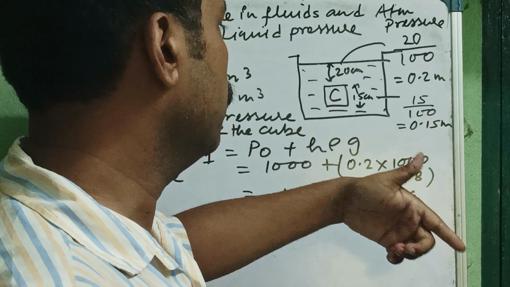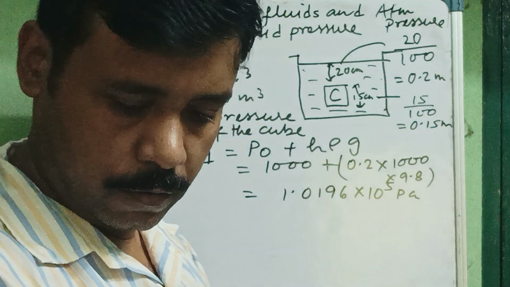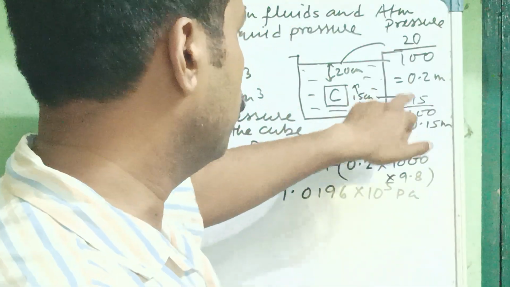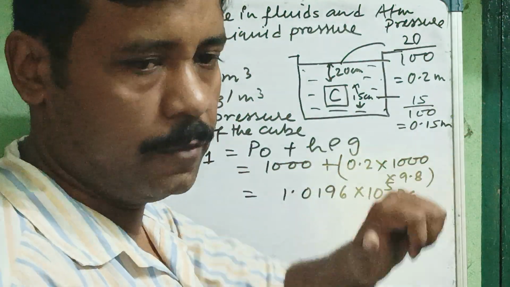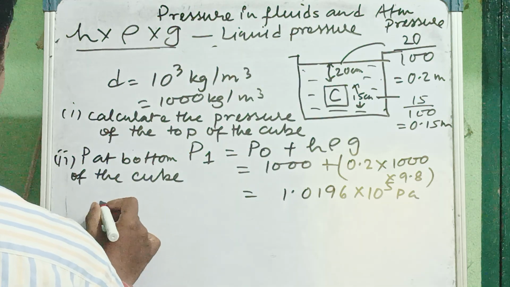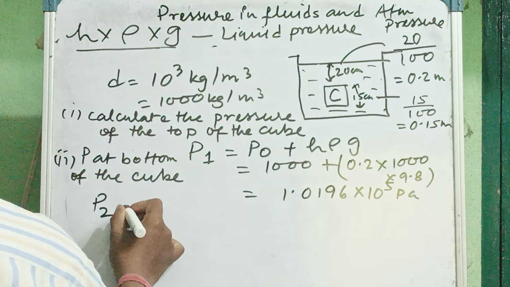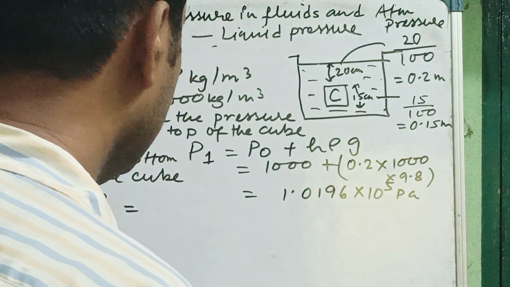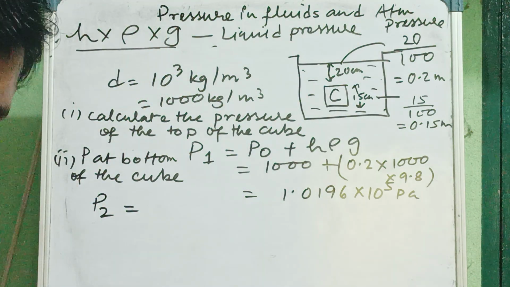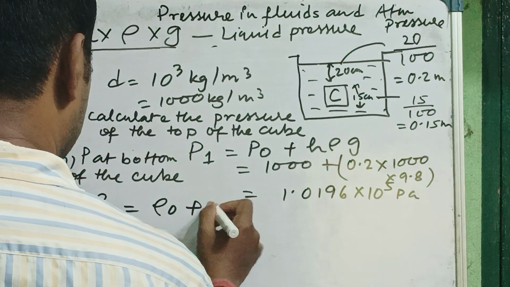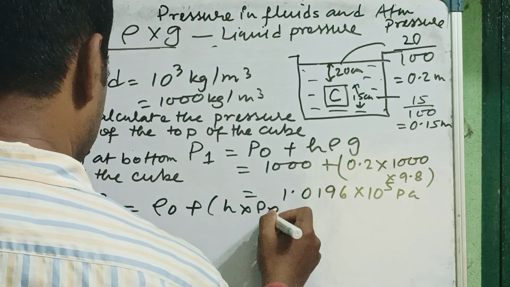When converted to meter, that is 0.35 meter. 0.2 plus 0.15, 0.35 meter. So first let's take the pressure on the top surface of the cube as P1. Pressure at the bottom of the cube is P2. So P2 equals to P0 plus again H rho g.